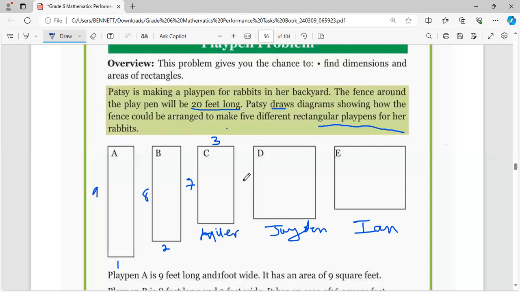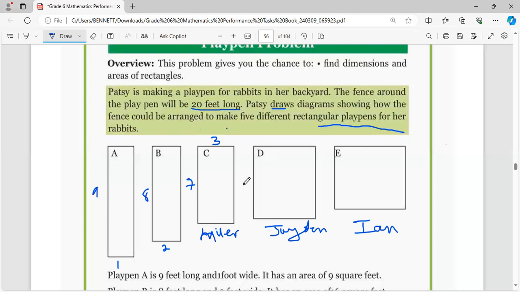So for D, you would have to calculate which 2 numbers you can add 4 times to get 10, and I got 5 feet for the length and the width. For D? Yes, sir. Which one did you do, D or E? No, sir, not D. 6 feet long and 4 feet wide.